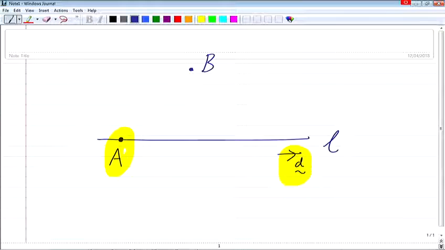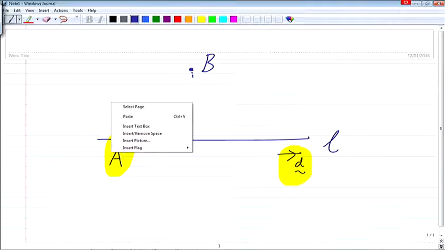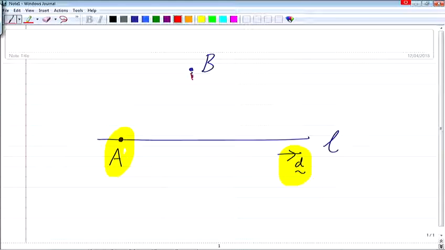So if I ask you a question related to point and line, the first one, if you recall, is to find the foot of perpendicular from the point to the line. The idea behind is to make use of the fact that BF is perpendicular to the line, which means BF dot D must be 0.